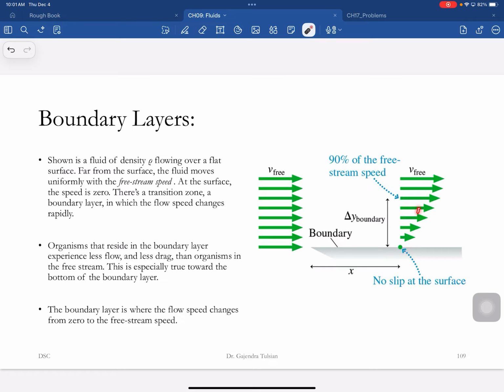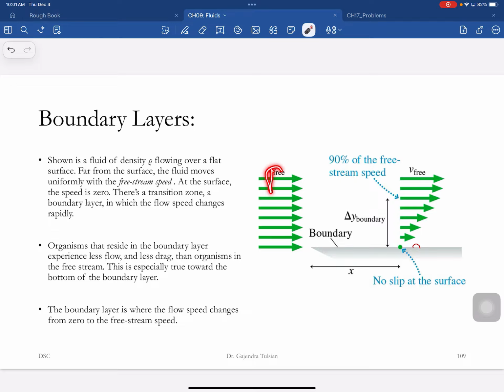Why does this matter? Like I said, if you're a tiny organism, you spend all your life never having to deal with wind. Organisms that reside in the boundary layer experience less flow and less drag than organisms outside it.